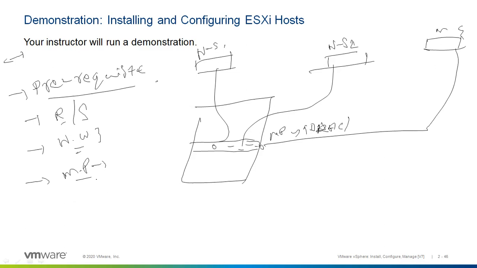Then you configure the management port properly, and an IP address is given to it. All that activity will be done for readiness by the people who are working inside the data center. Then next, you should be okay from a hardware requirement perspective, definitely.